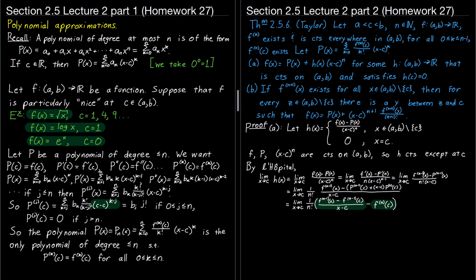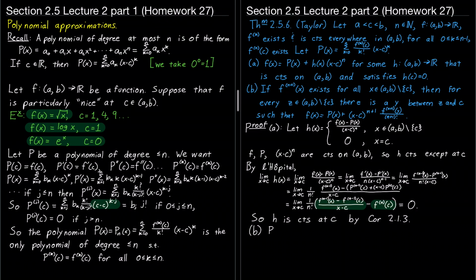So this limit is indeed just 0. So h is continuous at c by corollary 2.1.3. All right, now let's prove part B.